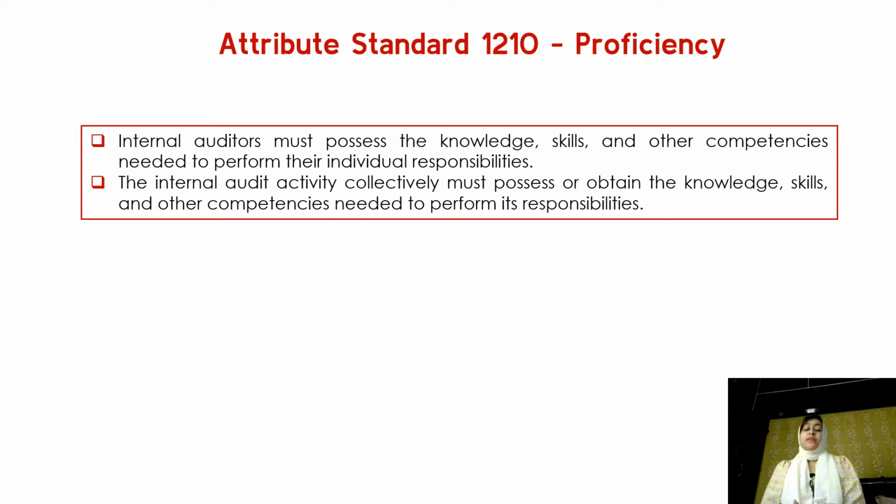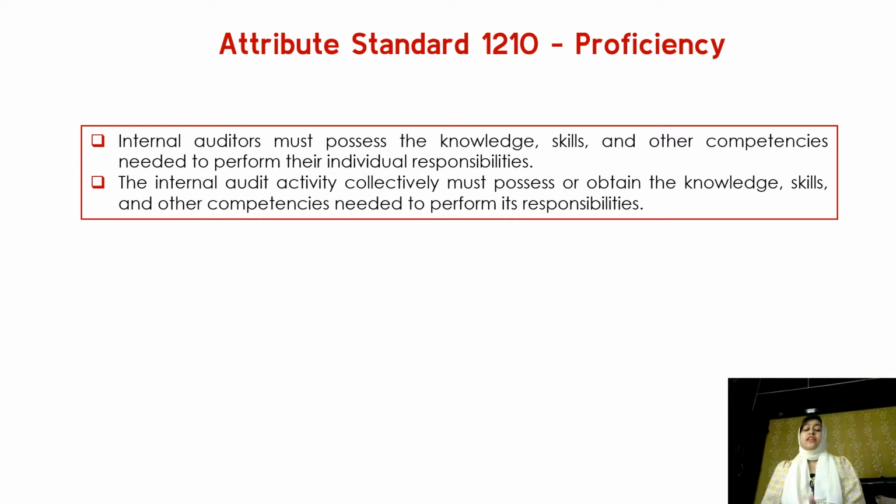Skill means the competencies needed to perform the internal audit activity, for example, language or communication skills, IT skills, data analytics skills, etc. And competency means when this cumulative knowledge, skill, and capability leads toward exceptional performance.